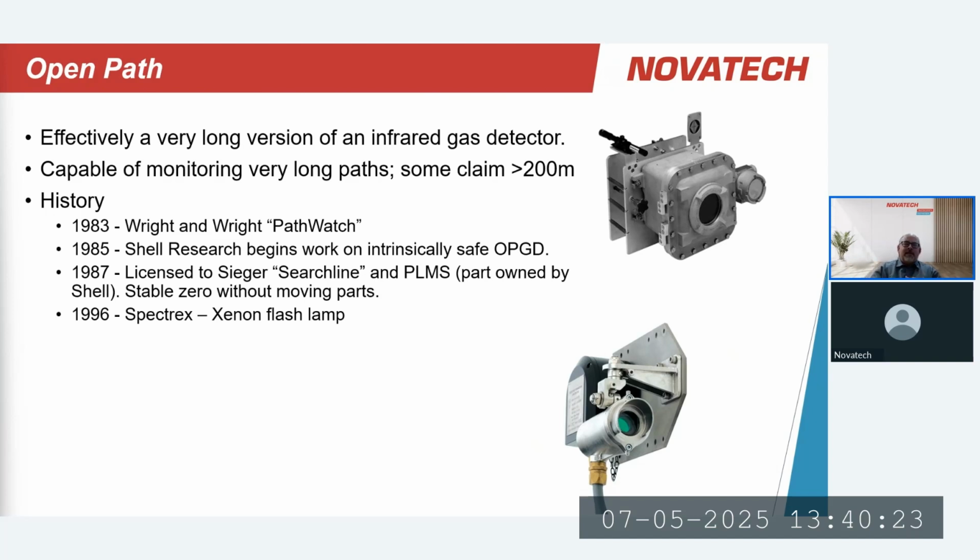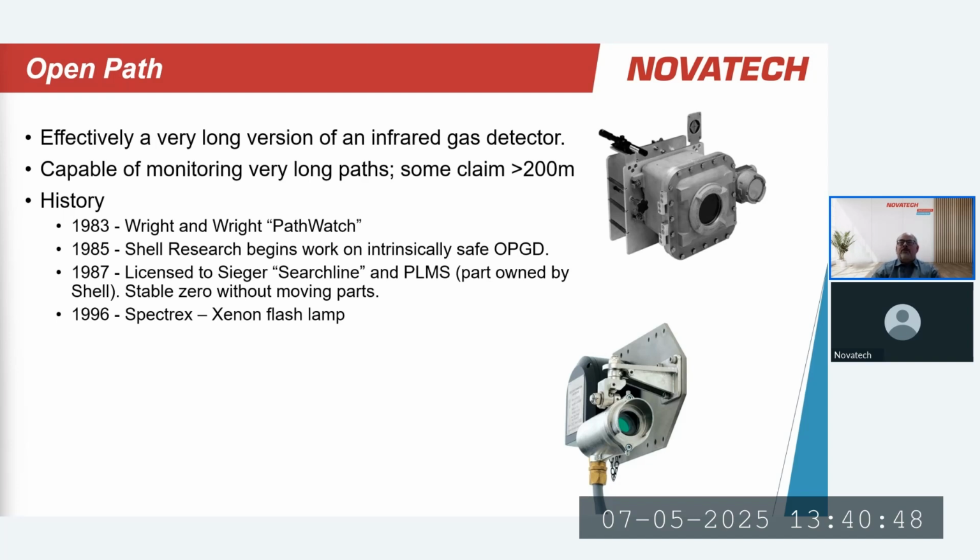And the idea with that is, well, I like how these infrared gas detectors work, but it's only measuring in this spot right here. What if I separate my lamp and my detector by meters, potentially hundreds of meters, and I look at what happens anywhere along that line of sight between my lamp and my detector? And that's the concept of open path gas detectors.